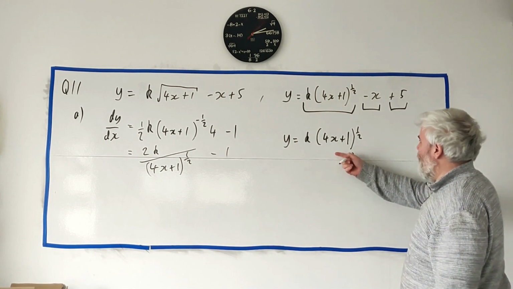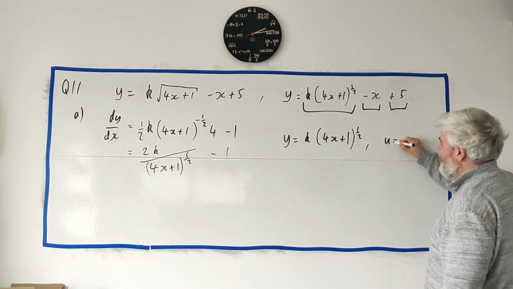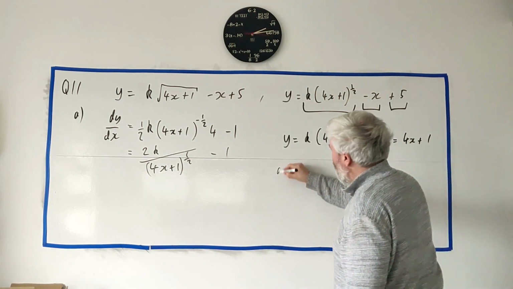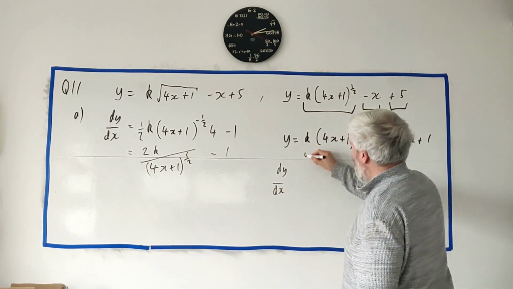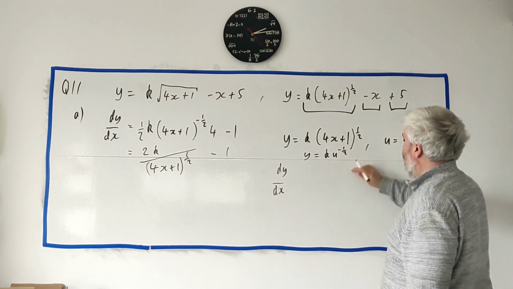Another way to have answered this would be to make a substitution. u is equal to 4x plus 1. So instead of doing dy dx, and let me write y again here, y is equal to k u to the half.